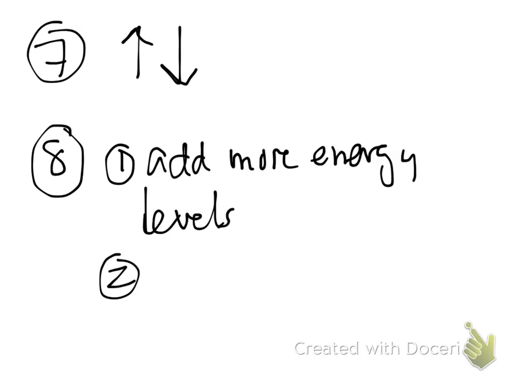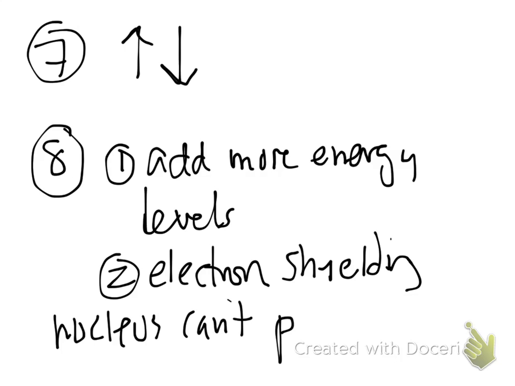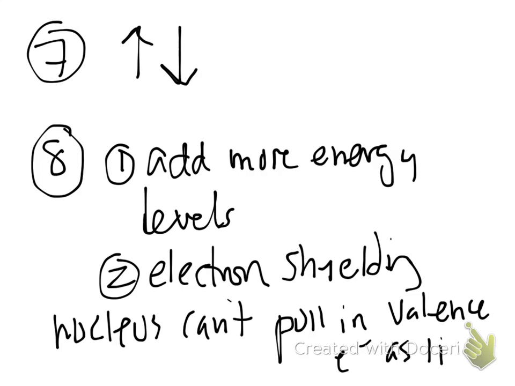But 2, there's some form of electron shielding, so the nucleus can't pull in the valence electrons as tightly. The nucleus cannot pull in the valence electrons as tightly, so the whole atom tends to get a little fluffier. Okay?